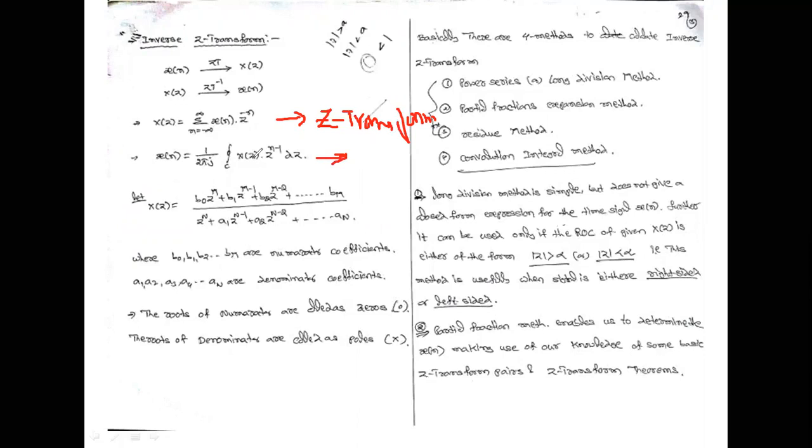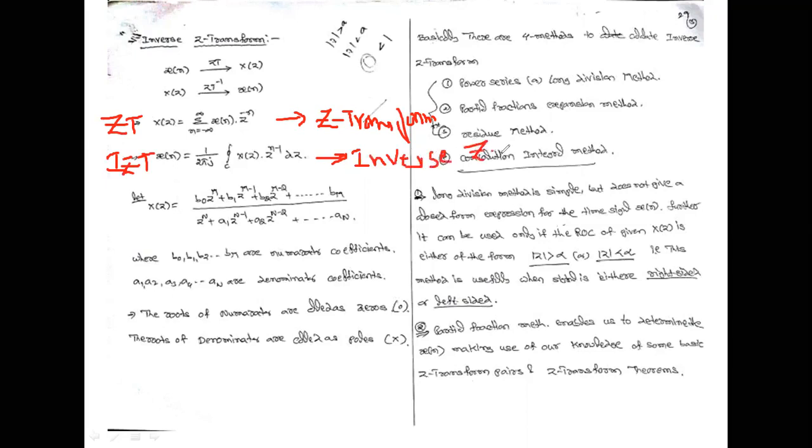So of the two properties we derive by using this, one is the multiplication property and the other is Parseval's theorem; we derive them by using this inverse Z transformation formula. This one is the Z transformation formula or the definition. 1 by 2 pi j, the integral of x of z, z power n minus 1 dz, is the inverse Z transform formula.